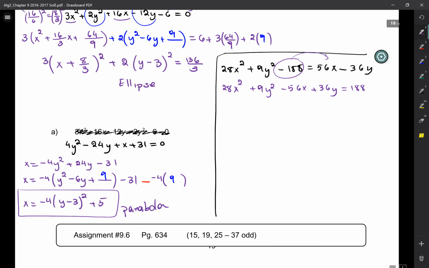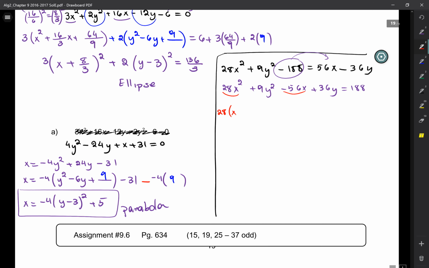Okay, now here we're gonna put the x's together. 28x squared and 56x. What are we supposed to factor out of this? What number? It's got to be the coefficient of the one that's being squared. So 28. Okay, so we factor out a 28.